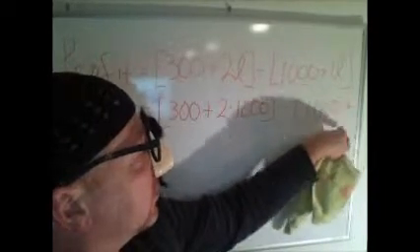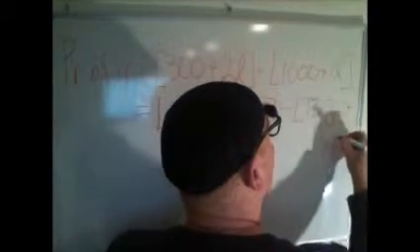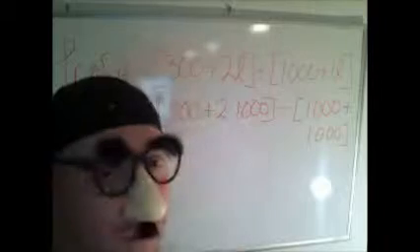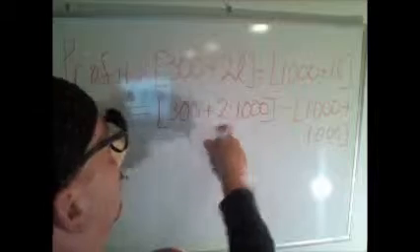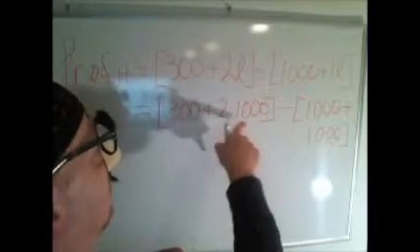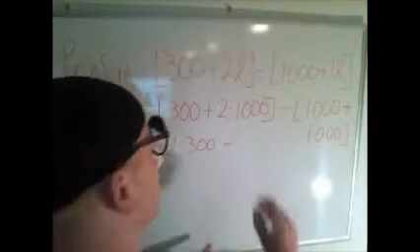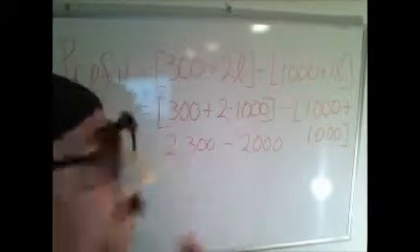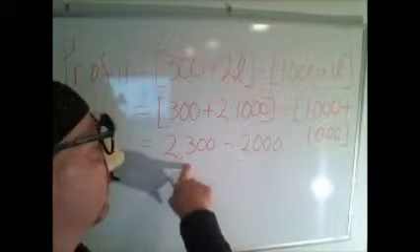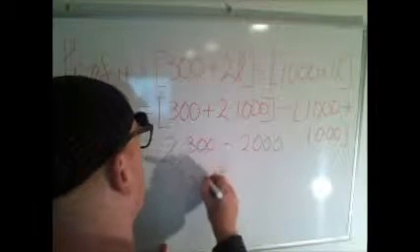And unfortunately I ran out of room, so I have to continue it down here. 1 times 1,000 equals 1,000. Bueno, yes? Okay, 300 plus 2 times 1,000 will equal 2,300 minus 1,000 plus another 1,000, which is 2,000. $2,300 minus 2,000 equals 300.